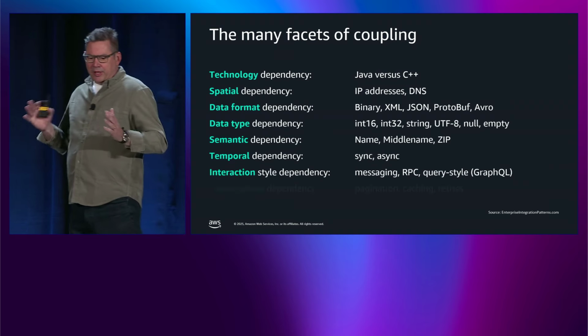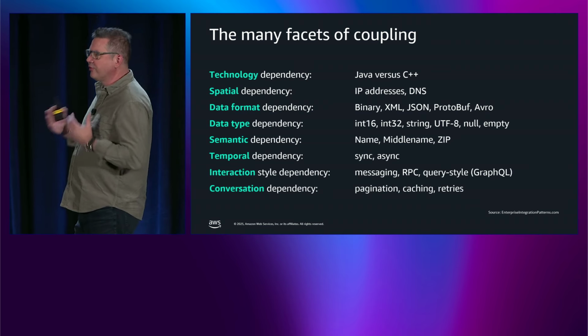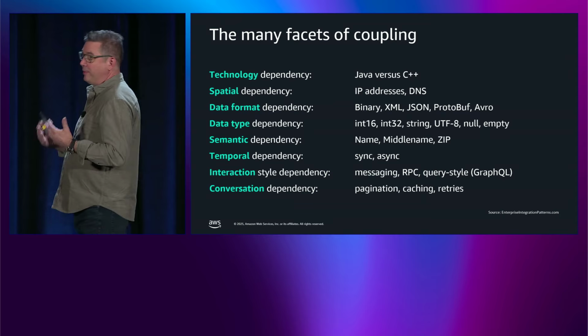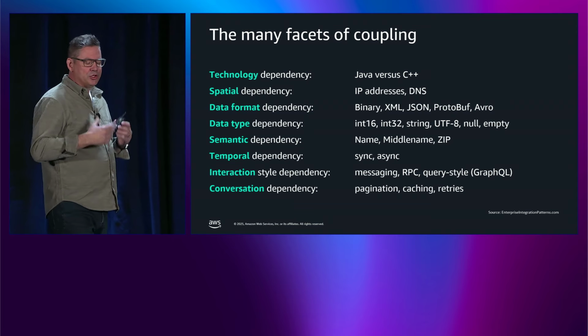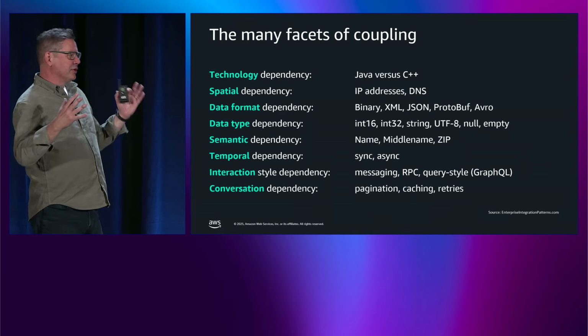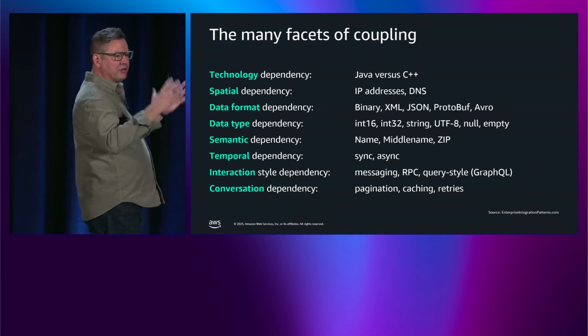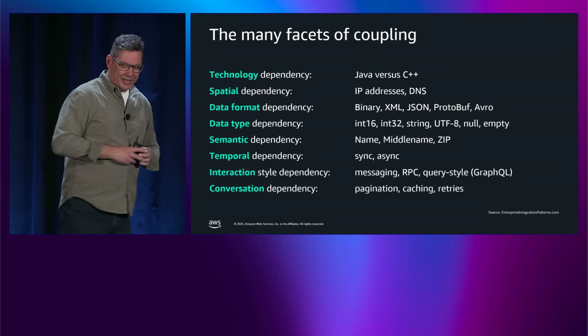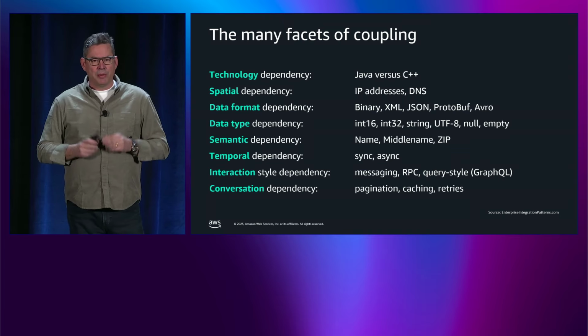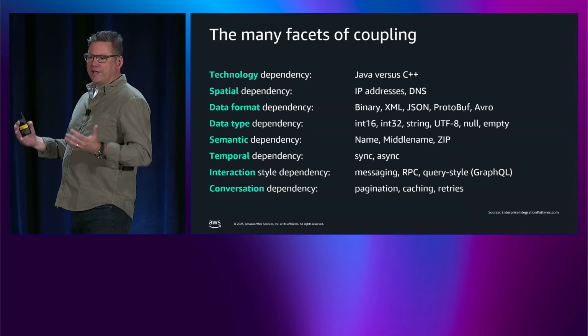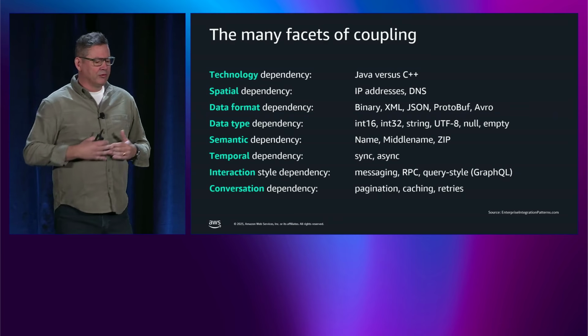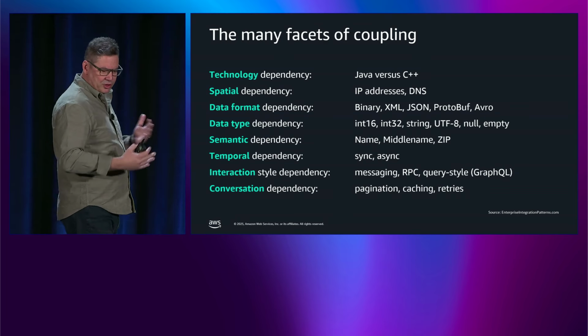Now, if you're like me, one of the things that are constantly hammered home to you is this whole idea of loose coupling, right? And making sure that your applications are loosely connected, however, have good cohesion. And when we dive into this a little bit more, we realize that there's lots of different facets to coupling, right? We've got technology coupling.